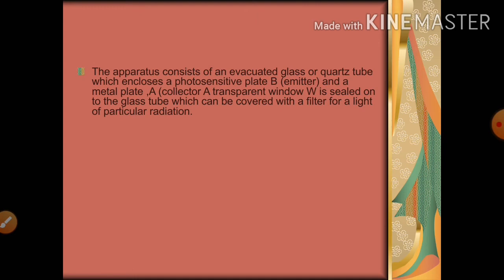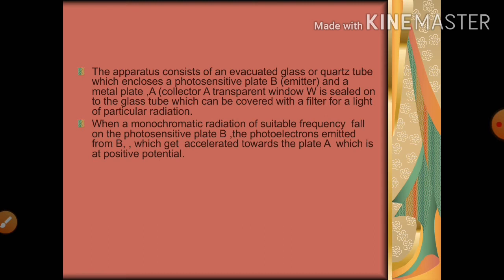Now, the apparatus consists of an evacuated glass or quartz tube which encloses a photosensitive plate P, which is the emitter, and a metal plate A, the collector. A transparent window W is sealed on the glass tube, which can be covered with a filter for a particular radiation.